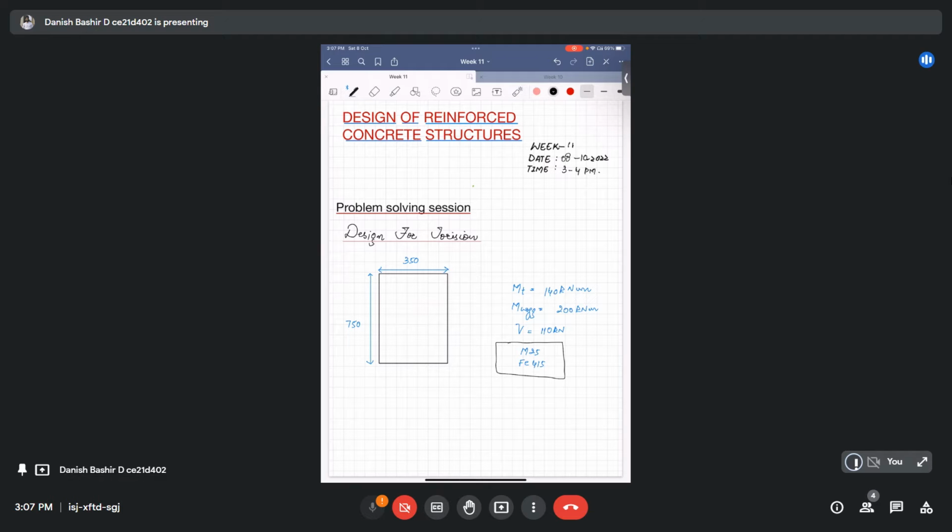We have to design the reinforcement for our given section under these loading conditions: a twisting moment of 140 kilonewton meter, a hogging moment of 200 kilonewton meter, and an ultimate shear force of 110 kilonewton. From the given loadings, we will deduce the equivalent moment and equivalent shear force acting on our section.